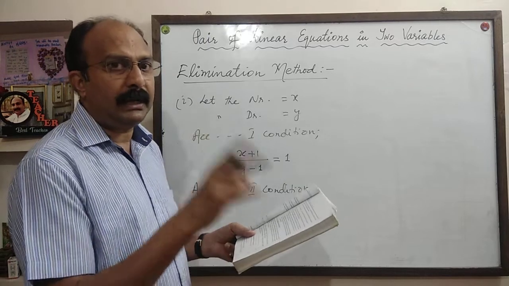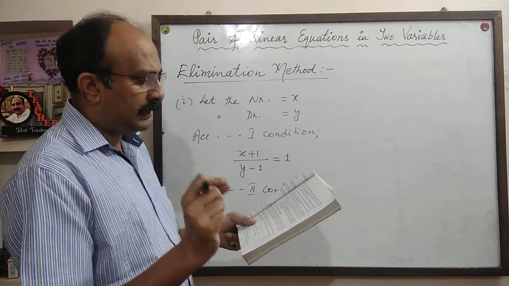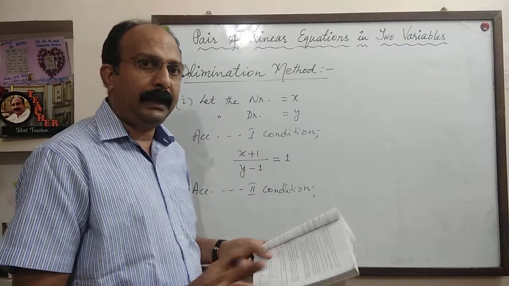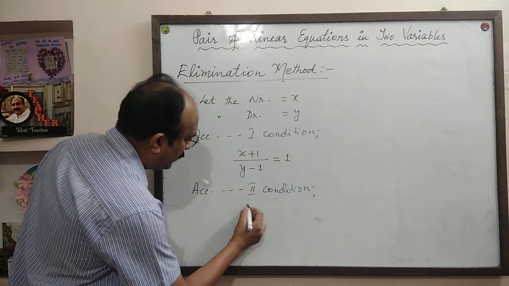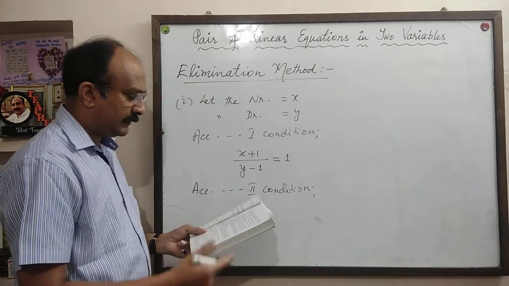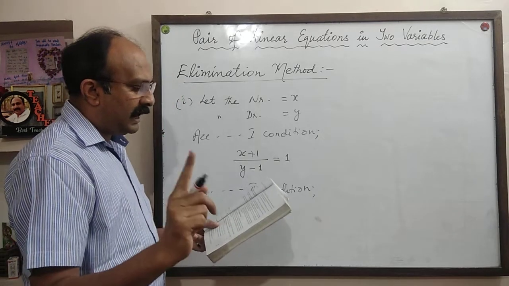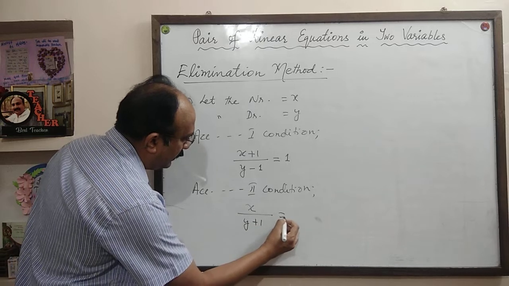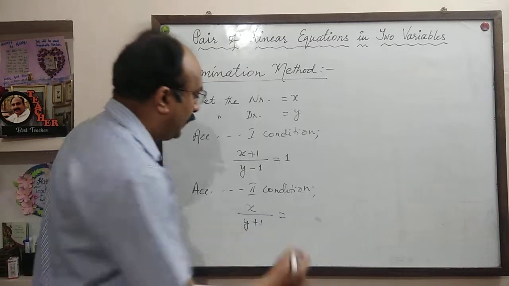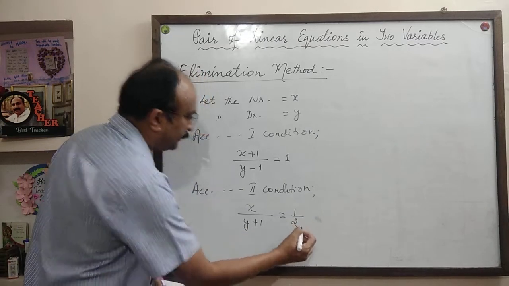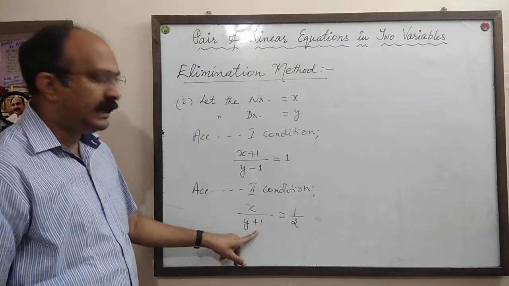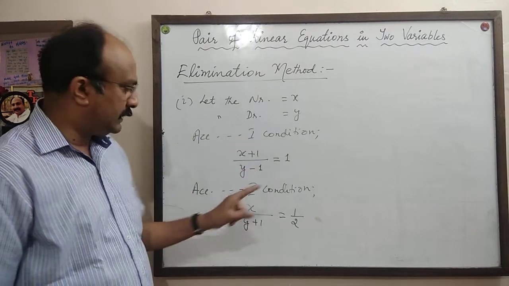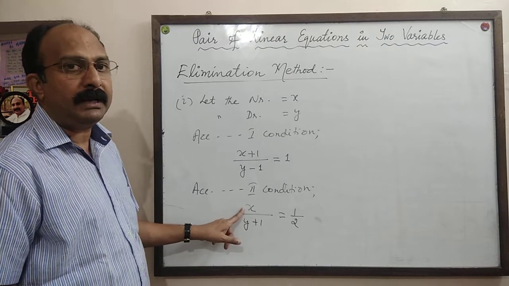Nothing is done with the numerator, but 1 is added to the denominator. So numerator x will remain as x only, upon y plus 1, then the fraction becomes 1 upon 2.